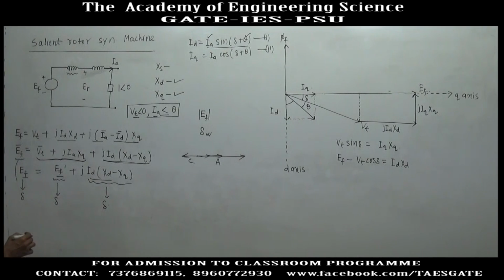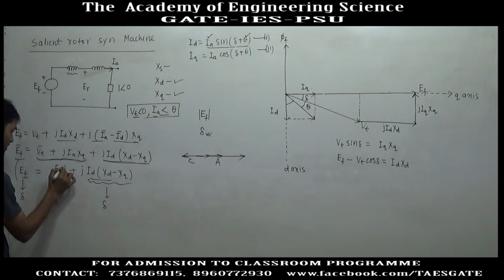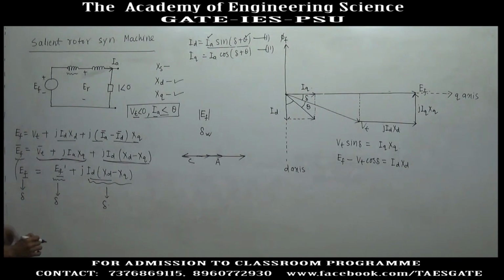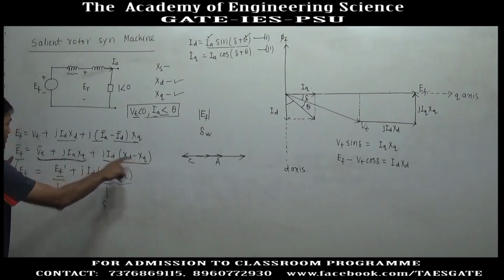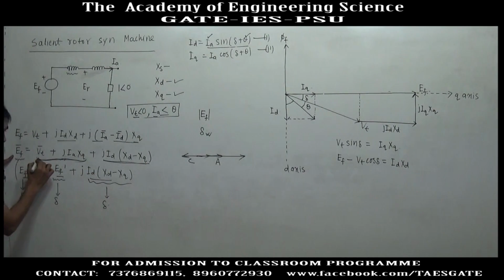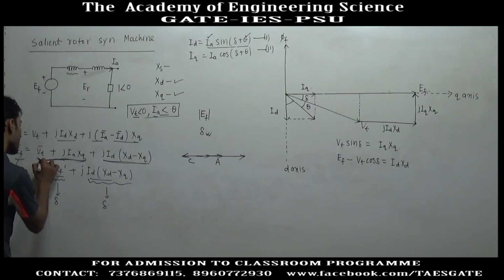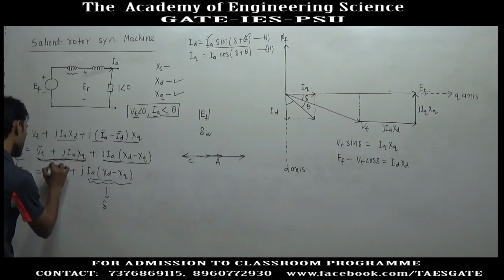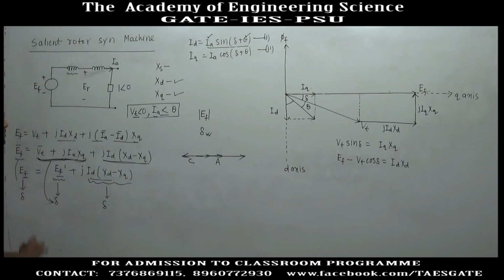Now EF dash is equal to Vt plus JIaXq, and in this relation all the quantities are known. So although we cannot use the whole relation to calculate EF, with this much relation we can calculate the direction of EF, or the angle of this quantity, which will give you angle delta.